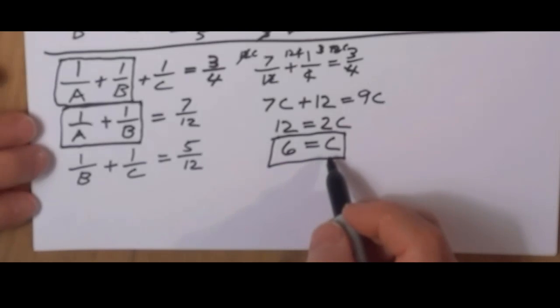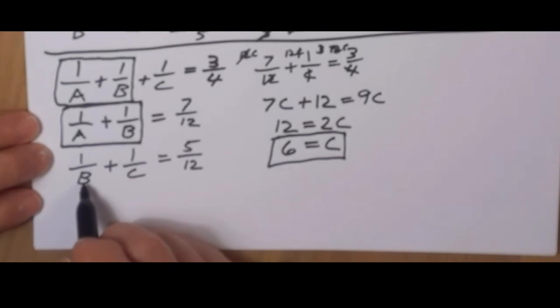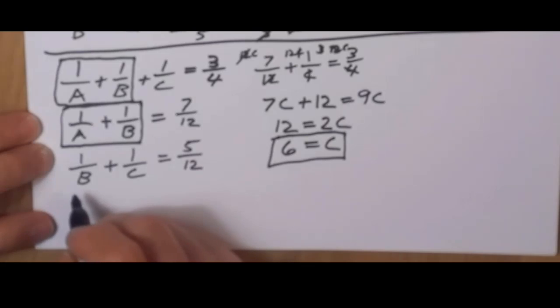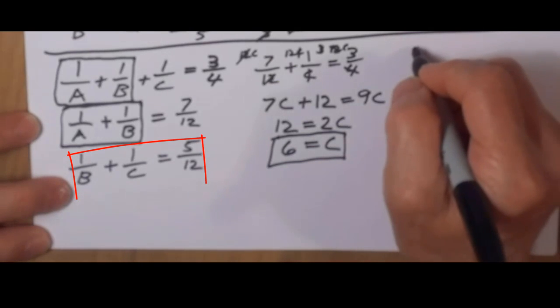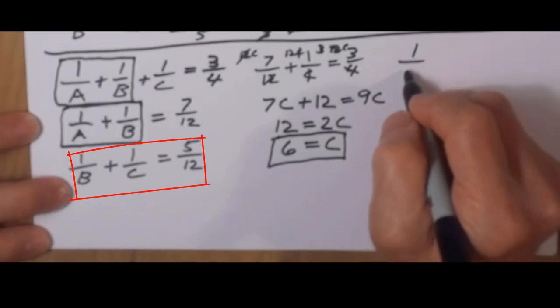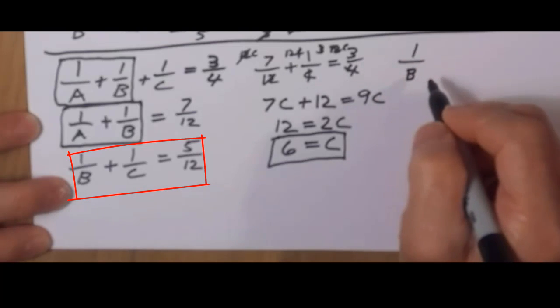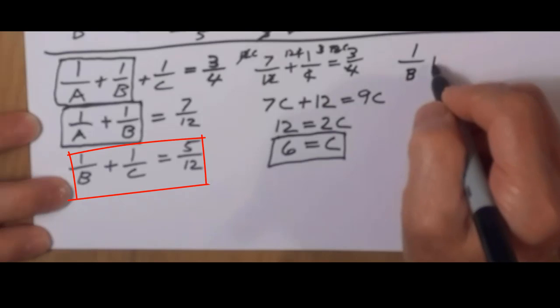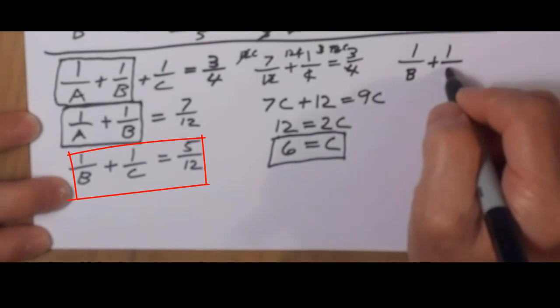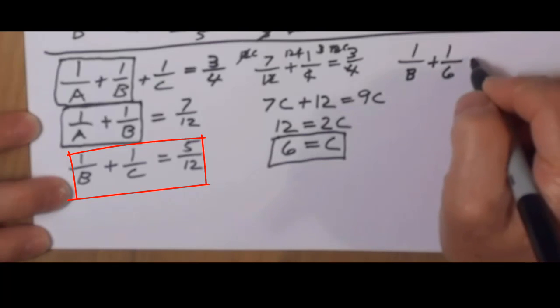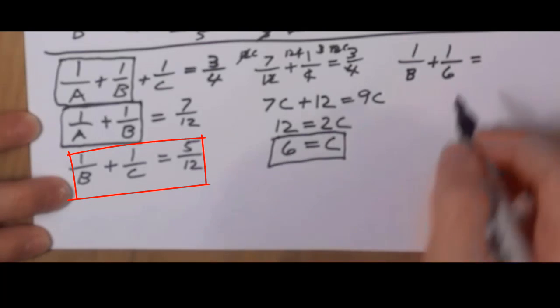Now we can put this c back into here and we could find b. Let's do that. So we'll go right here. 1 over b plus 1 over c, which is 6, is equal to 5/12.